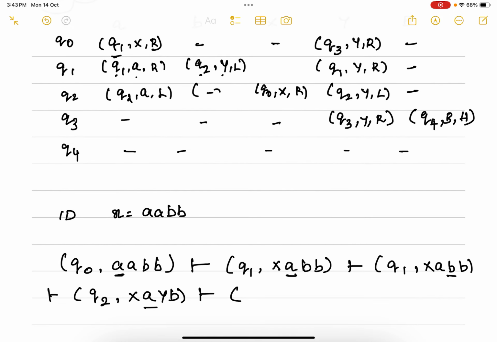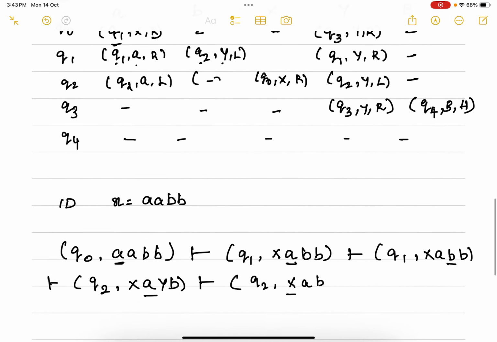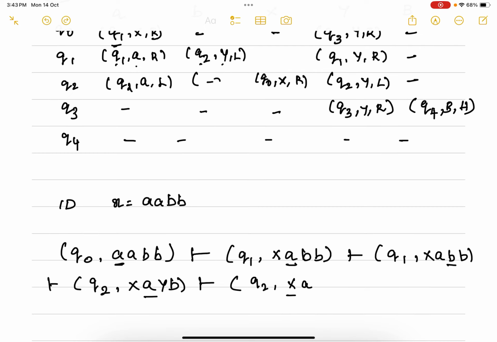Now in Q2, when a comes, you remain in Q2 state, but move towards the left. So we have changed direction to the left. So this is going to be y here and b. Now when Q2 reads x, you have to move to Q0 state.